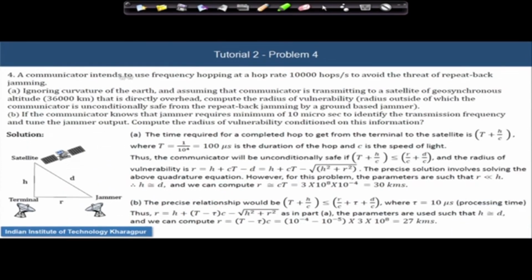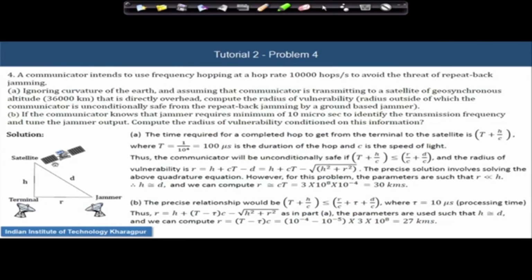In problem number 4, this is an interesting problem. We have a terminal which has to communicate with a satellite. The distance between the two is denoted here by h, and we further have a jammer that is trying to disrupt this communication.